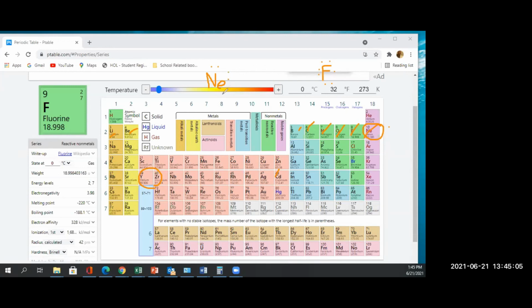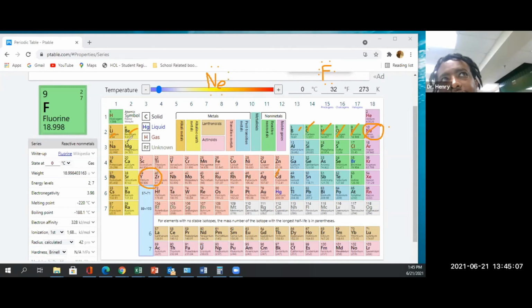So there's actually 8 because we have the 2 that are in the s and the 6 that are in the p. Okay, so all noble gases have their outer shell full. So in other words, they have 8 dots surrounding them.